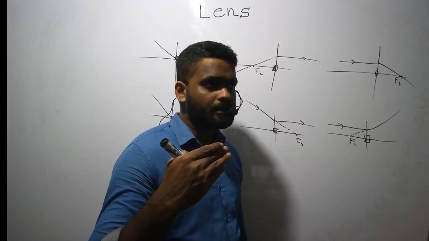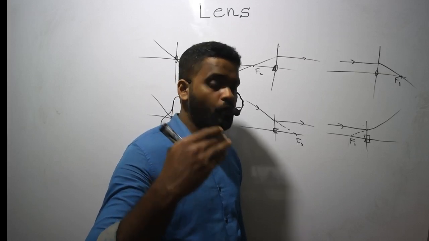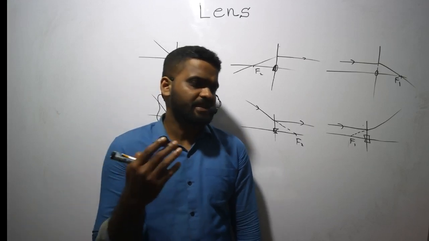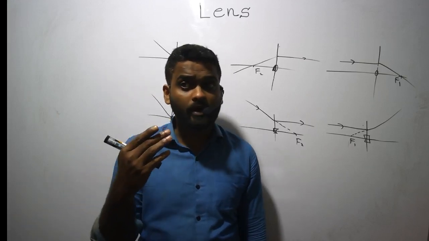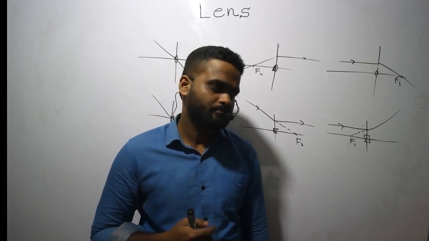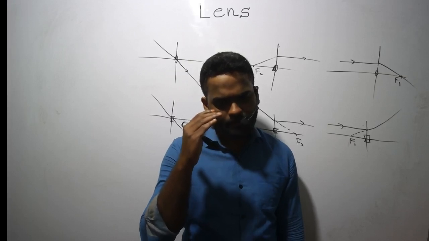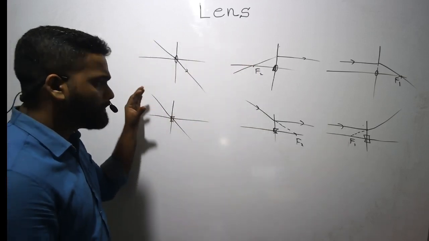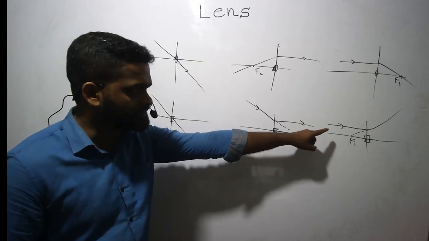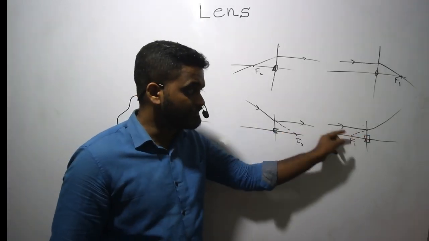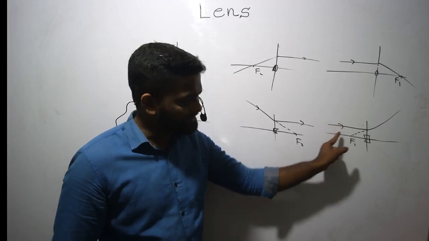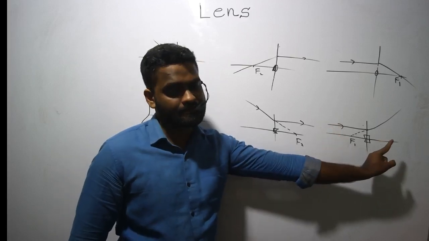Then there's something called the focal plane, right? Now we talked about focus. Then there's another thing, the focal plane, right? Up to here, we discussed parallel rays, a parallel beam of light that is parallel to the principal axis.